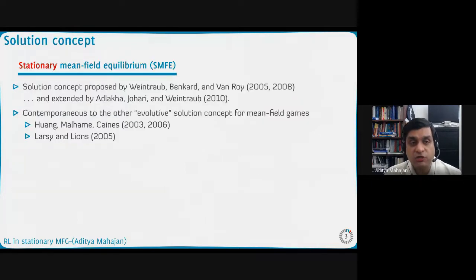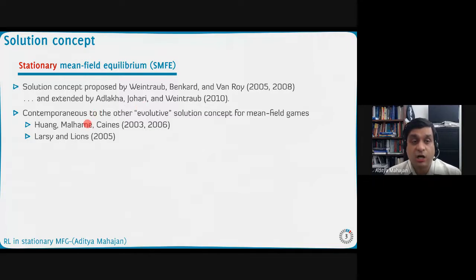So I'm going to be focusing on what's known as stationary mean field equilibrium in this strategy. This is a solution concept which was proposed by Weintraub et al. in a series of papers in the mid 2000s. They were calling this oblivious equilibrium, and it was called stationary mean field equilibrium in a paper by Adlakha, Johari, and Weintraub, and they also generalized the conditions on existence and also notions of optimality for this setting.